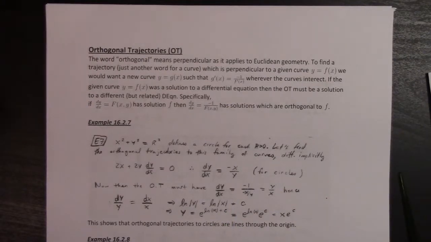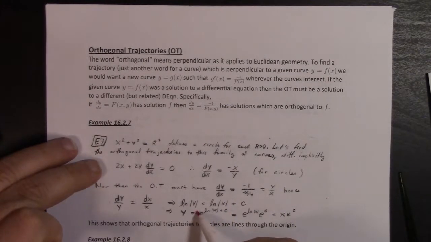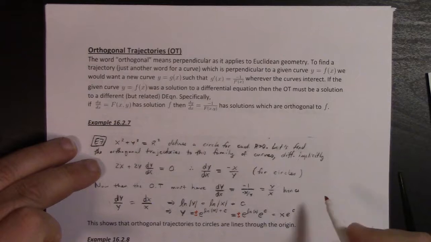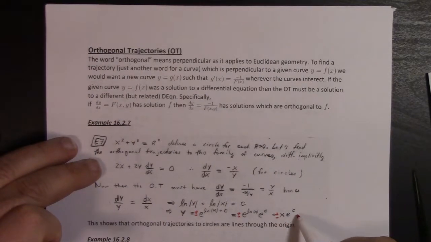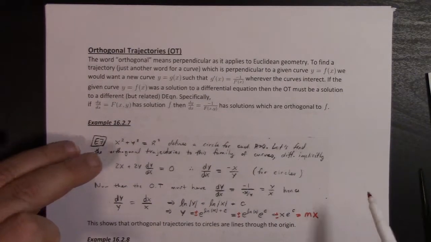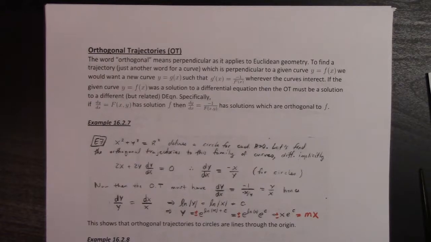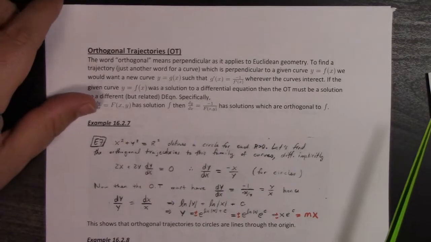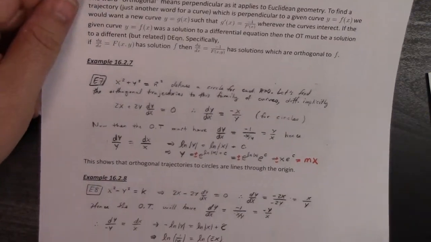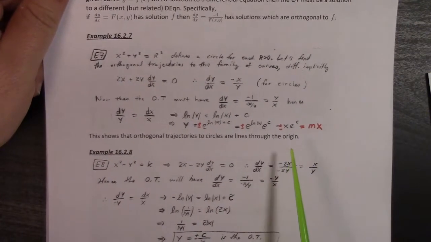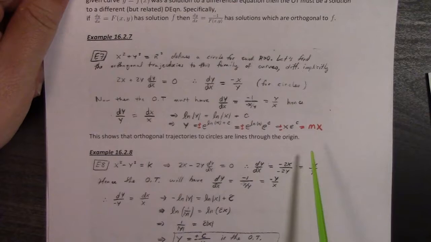So you could rewrite that as just mx, where m is just the slope. The orthogonal trajectories to circles are lines through the origin.